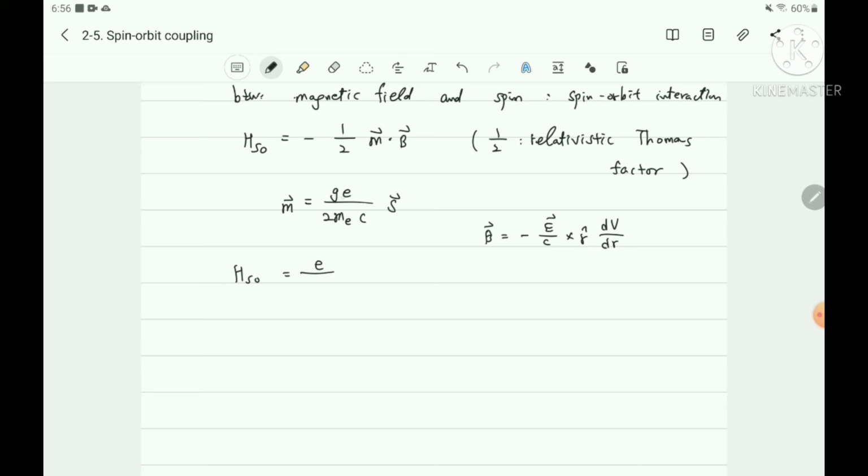Here the g factor of the electron is 2, and the 2 and the 1/2 cancel with each other.